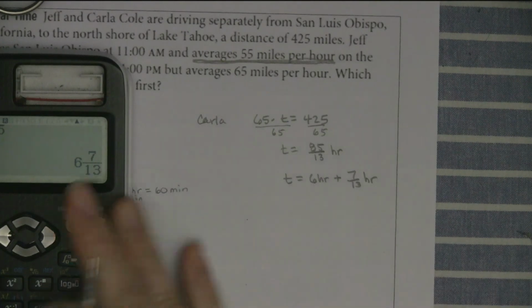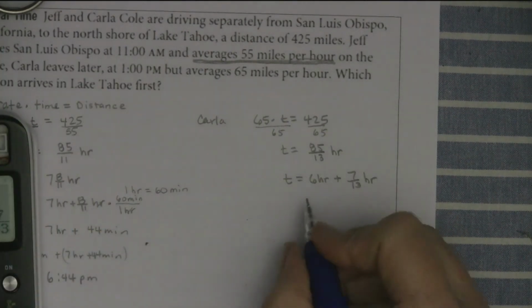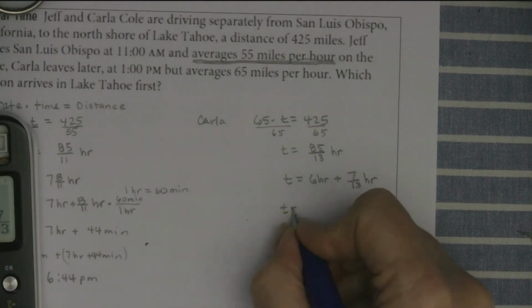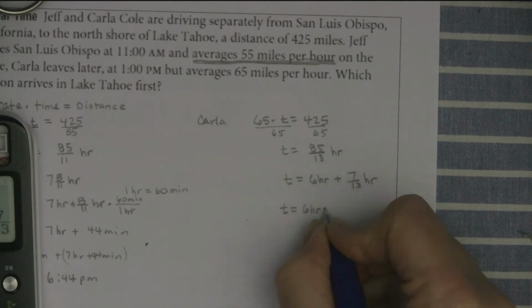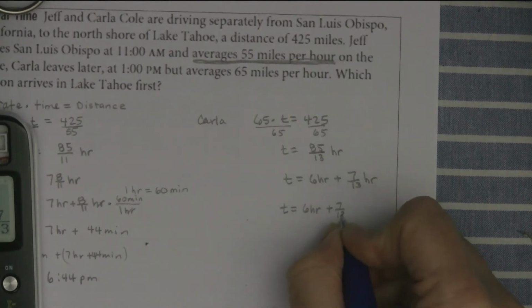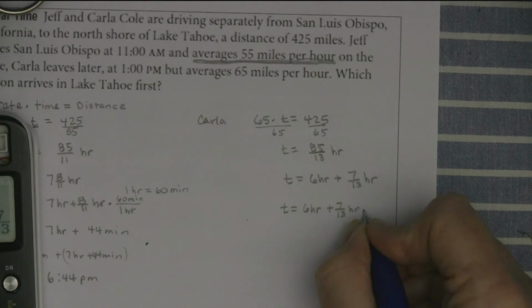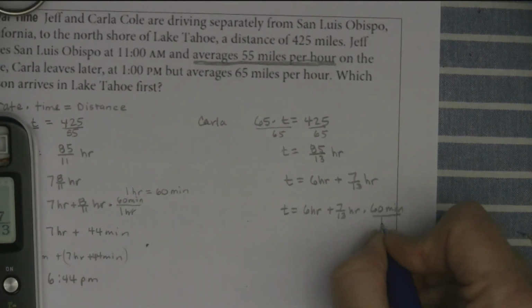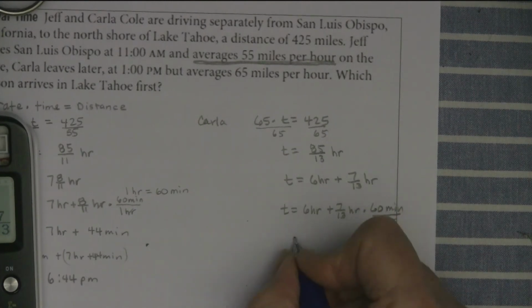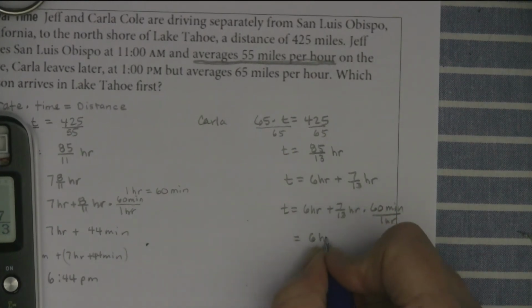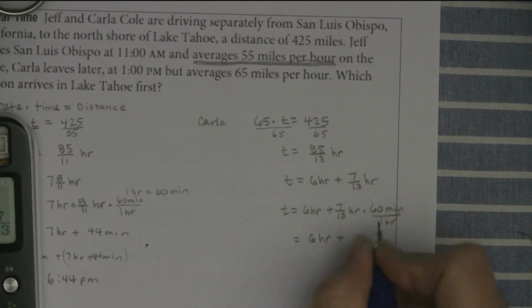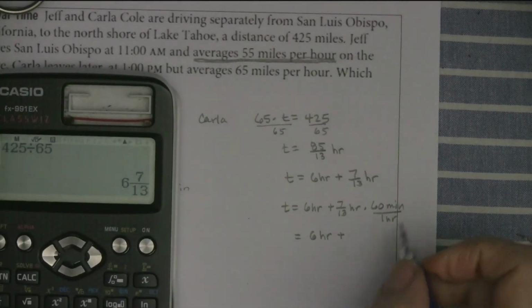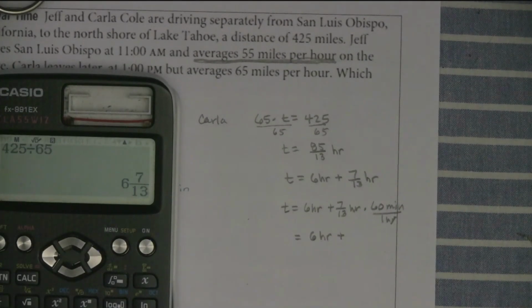Okay, and I'm going to convert it just the same way I did here. So Carla is 6 hours plus 7/13 hours, so times 60 minutes over 1 hour. And so 6 hours, and I'm just going to go to the nearest minute plus, and then the hours are going to drop off, and I'm going to just go to the nearest minute.